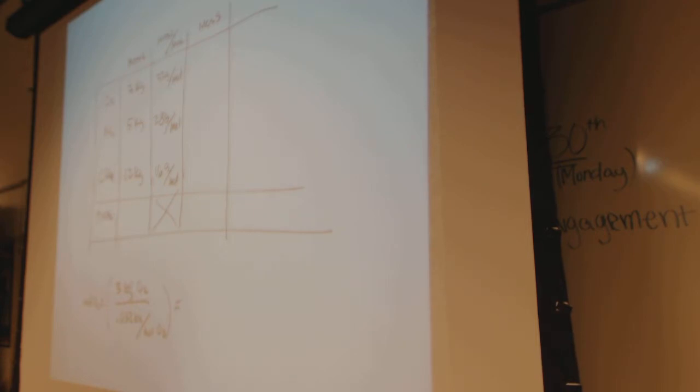Three divided by 0.032, 3,000 divided by 32. It's going to be something like a little less than 100. 93.75. Yep, I like it.